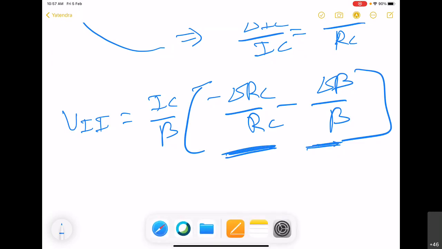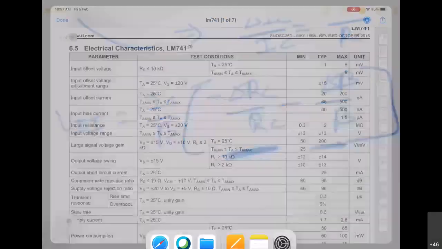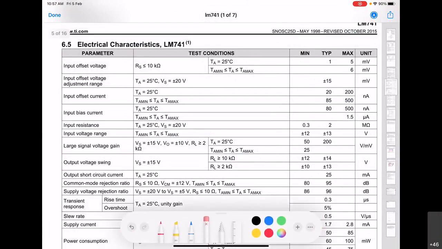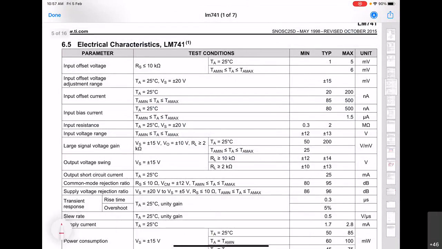Now we can look at the example of LM741 data sheet. So here is the data sheet for LM741, and here we can see that we have input offset voltage, and this voltage is very small. You can say that 1 millivolt typical, and maximum will be 5 millivolt.